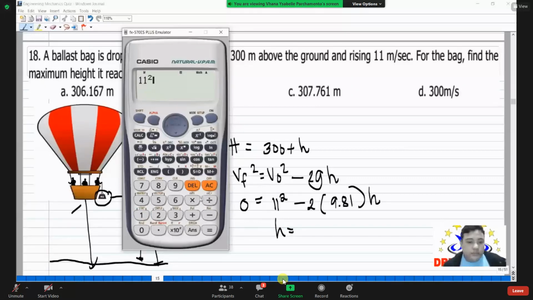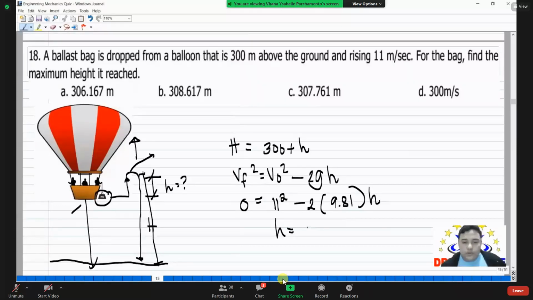So 11 squared all over 2 times 9.81. Ito yung itataas niya. So that is 6.167 meters. So therefore, H now will be equal to 306.167. Letter A.